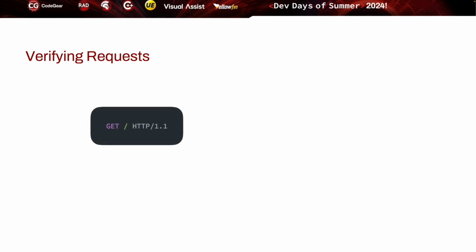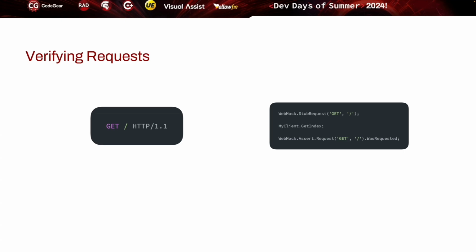Then a key important thing about WebMock is verifying requests. So if get / comes in, and we want to know that get / was actually performed, we can do this.